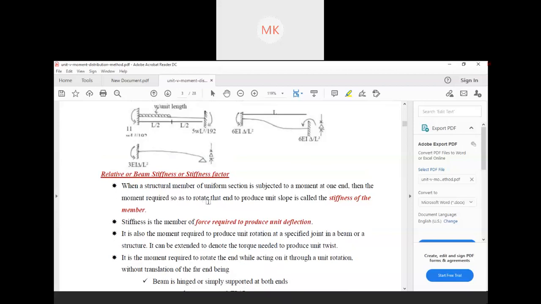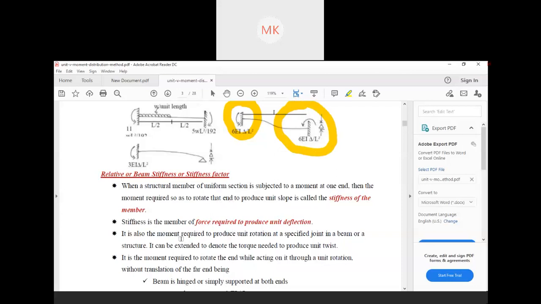It means if a moment is applied, say just for example, in this joint, then to counteract this moment, an equal amount of moment is applied on this side. So this, and the slope which is produced, is called the stiffness of that member.